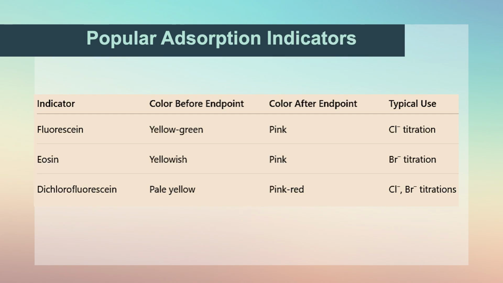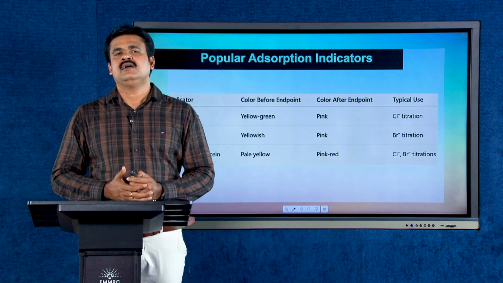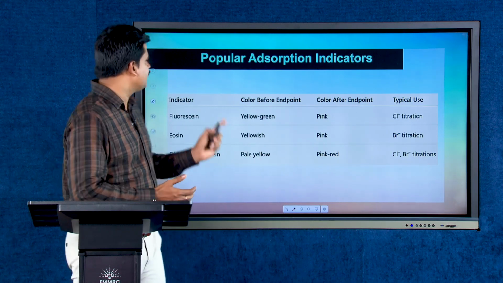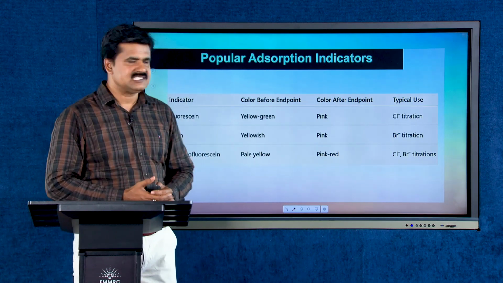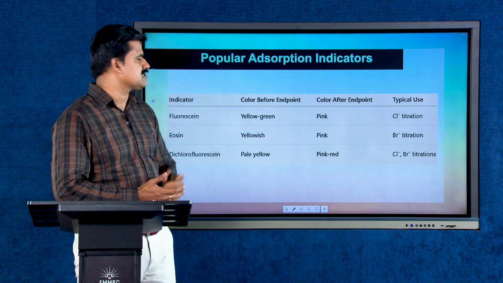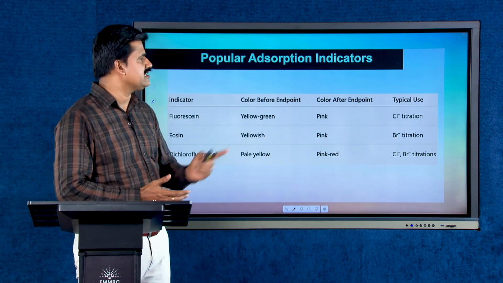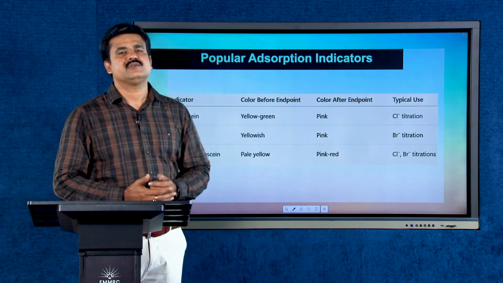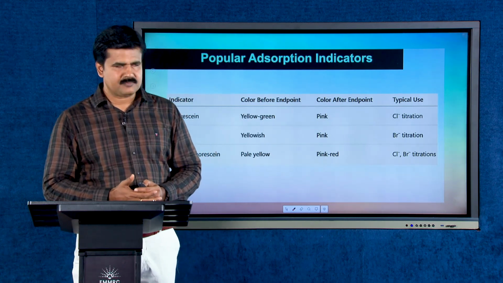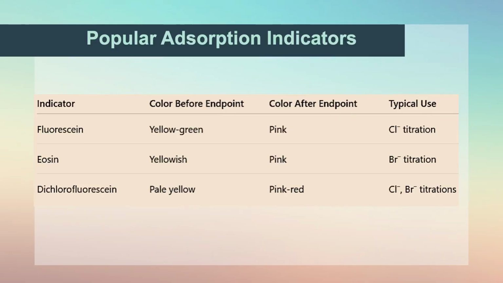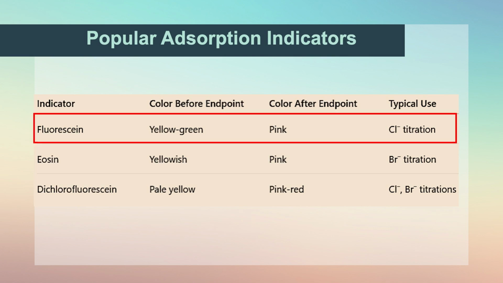This is a chart that depicts common adsorption indicators which are very popular in precipitation titration. The first column stands for indicators, the second column represents color before the end point, and the color after the end point is also here. Typical use is also shown in the last column. The first indicator is an organic dye, that is fluorescein.